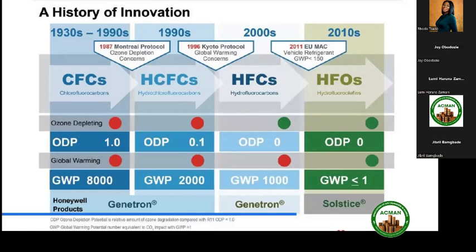Then the Kyoto Protocol also looked at the HFCs, the hydrofluorocarbons, which were an alternative to HCFCs. Although, according to this, it does not deplete the ozone layer, it contributes to global warming. It has global warming potential, so it's also not good.